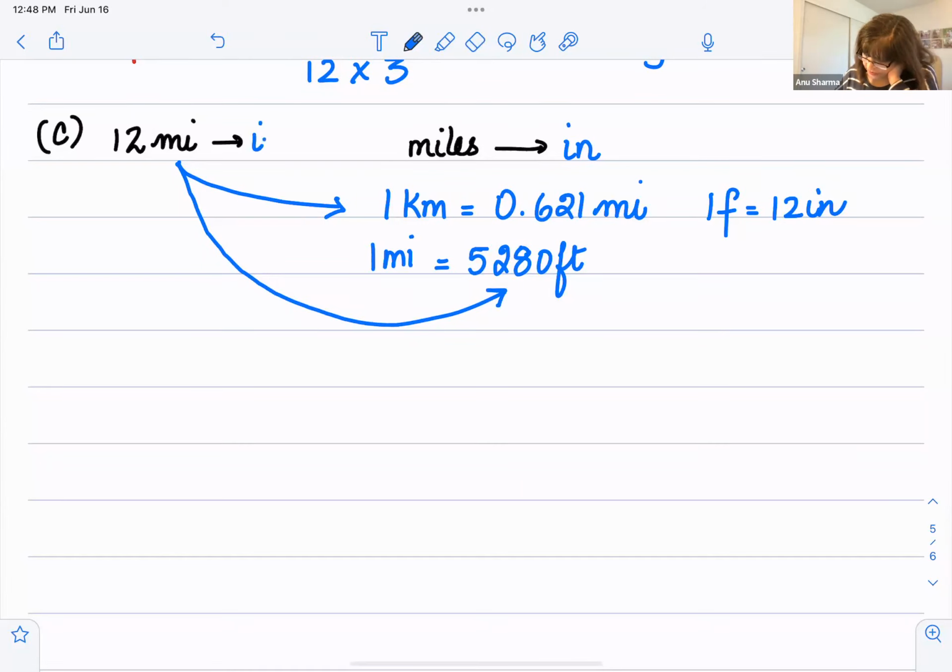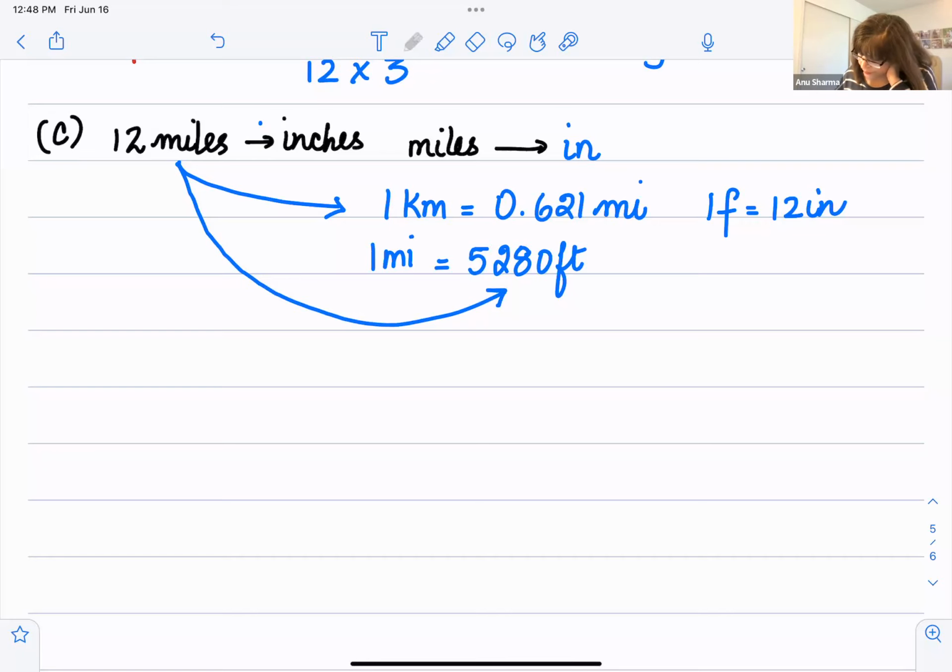So what will you do in this case? In this case, it's indirect. I'm giving you this problem from my side, miles to inches, and no direct conversion exists. So what will you do here?